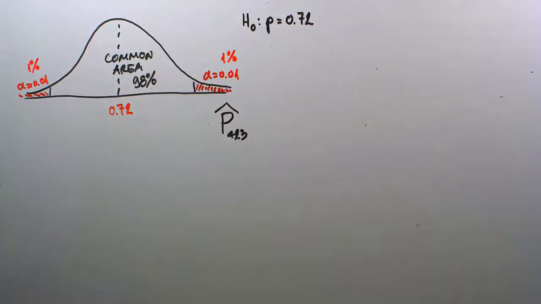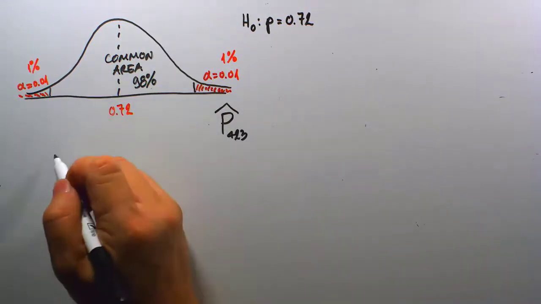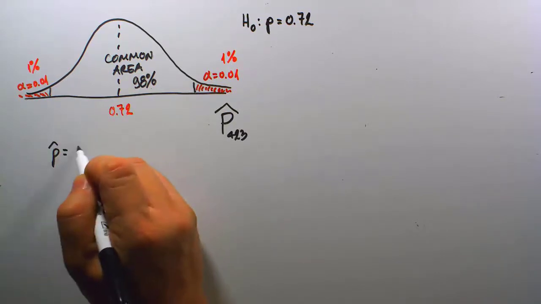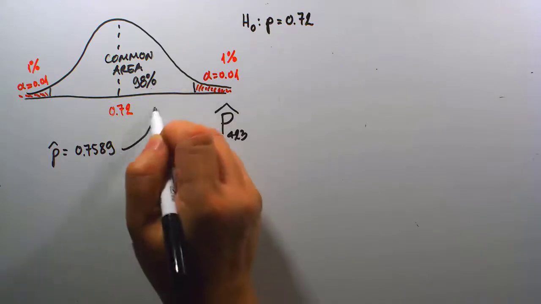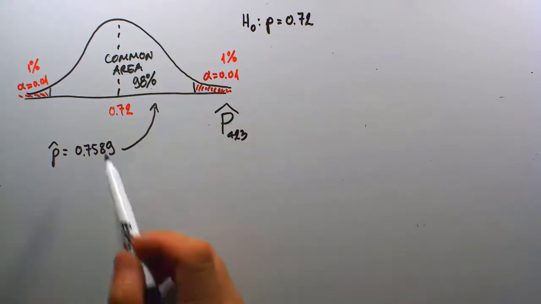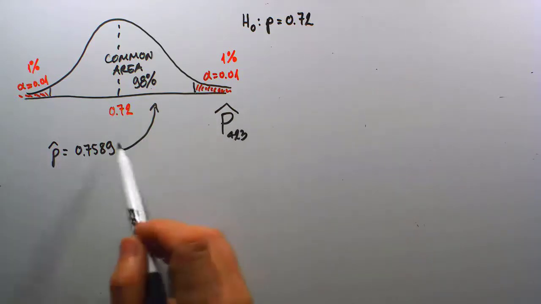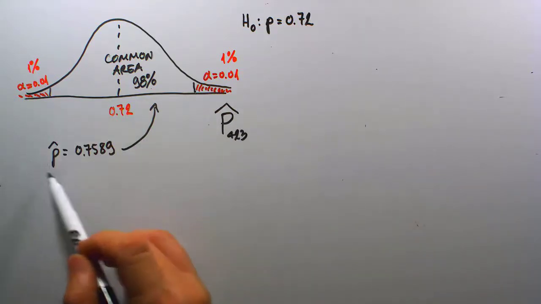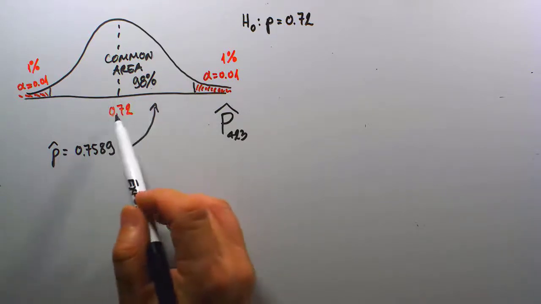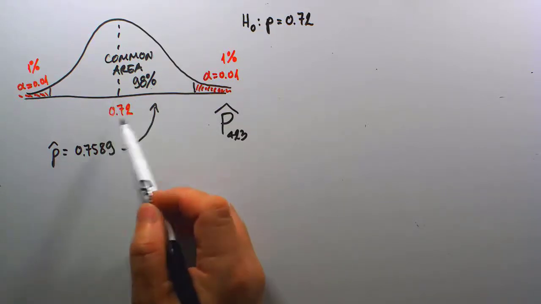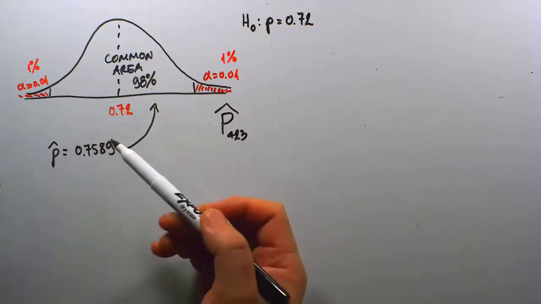That means if our sample proportion value, 0.7589, falls inside of this common area, then the person making this claim can defend that it's just one of those values that are commonly fluctuated away from this claim, because in the end, I'm a human being, so I claim something, but I can be a little bit off.